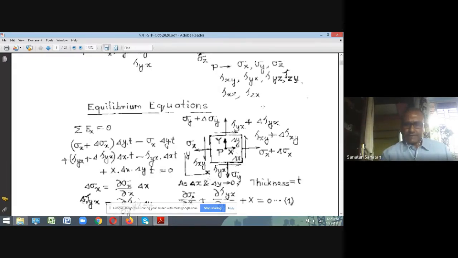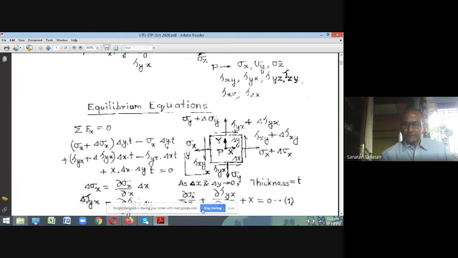So therefore the moment is going to be tau xy multiplied by delta x delta y into t in the anti-clockwise direction. Exactly in the same manner, consider the stress tau xy plus delta tau xy acting on the y face, the positive y face, acting in the positive x direction, and the stress acting on the bottom face is tau yx acting in the negative x direction. So these two are parallel stresses acting in the x direction, and where delta y tends to 0, this stress is tau xy, and the bottom face is going to have stress tau xy.